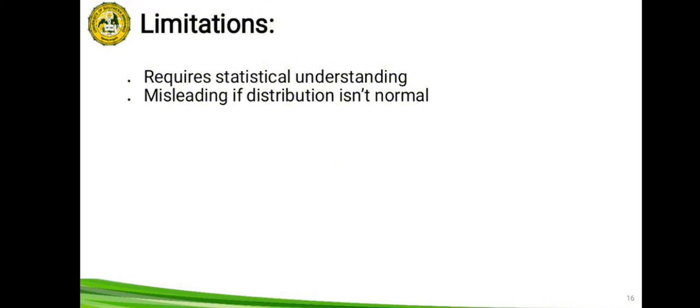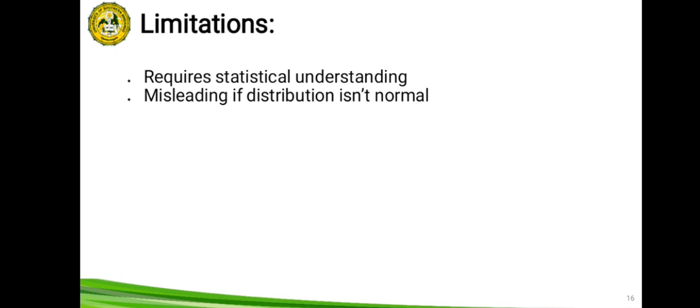So we have here the limitations for standard score. The first one is it requires statistical understanding. So the standard score uses concepts like mean, standard deviation, and z-score. And to fully understand them, you need a basic grasp of statistics.